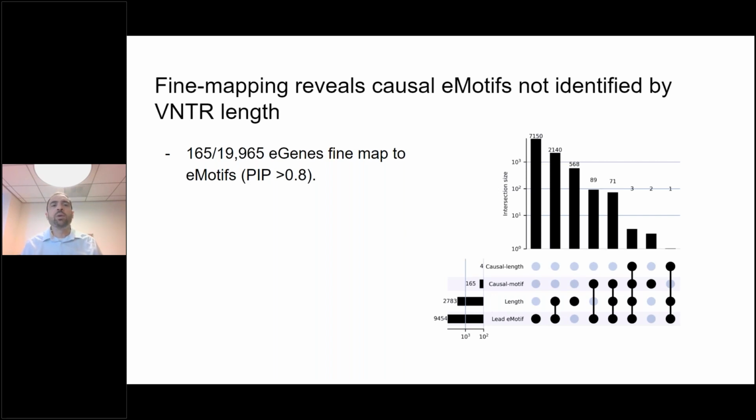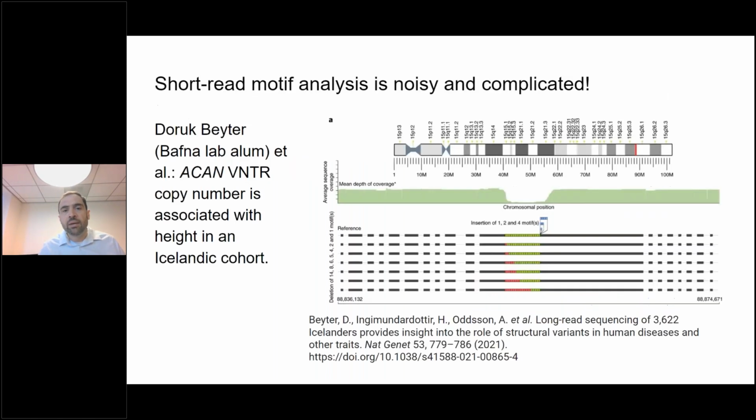But in reality, we want to move to a world where we can get digital counts of motifs, not necessarily these estimates based on depth. And that's something that's starting to change with long read sequencing. Last year, Doruk Beider published a paper in Nature Genetics looking at long read sequencing of Icelandic individuals.